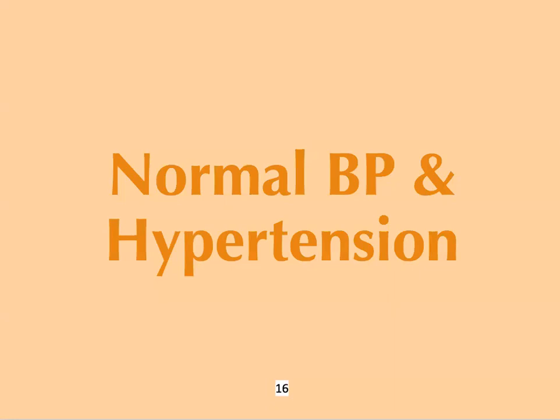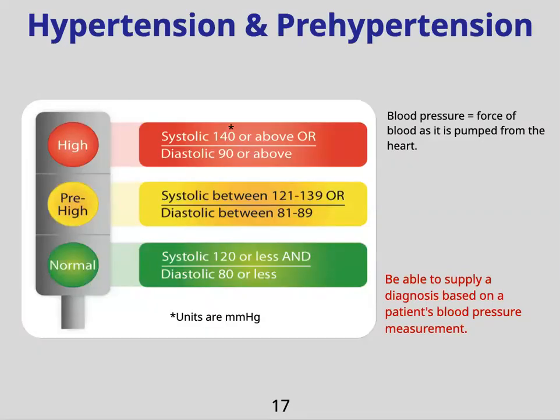Let's now talk about normal blood pressure, hypertension, hypotension. So, hypertension and prehypertension definitions. Hypertension is defined as a systolic blood pressure of 140 or above, or a diastolic blood pressure of 90 or above. Okay, so it's either or, but you can also have both elevated.